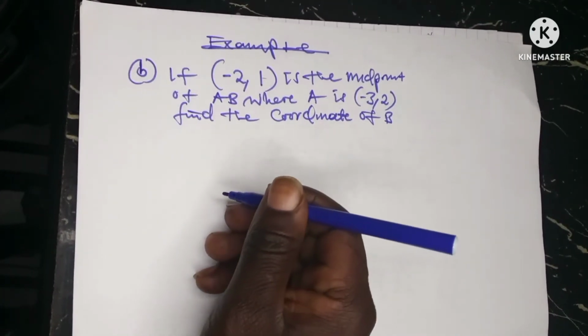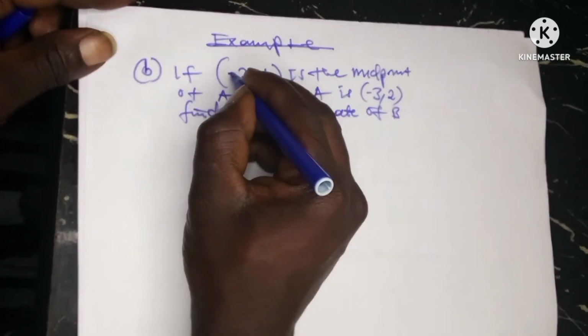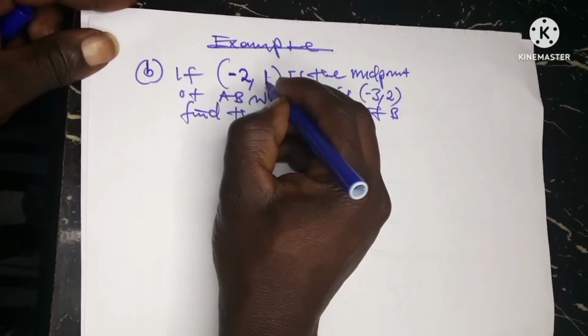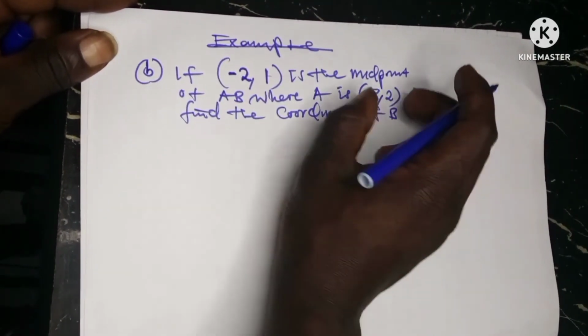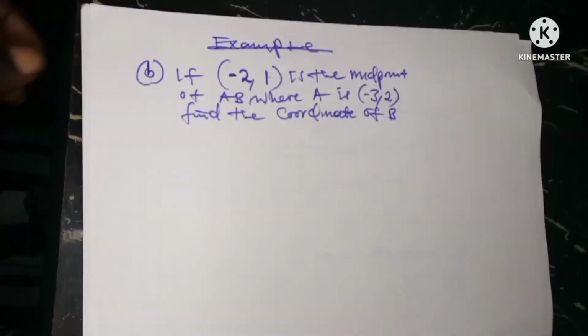So here we are given the midpoint. The midpoint is this one, and the other point is this one. So we have to find the point.